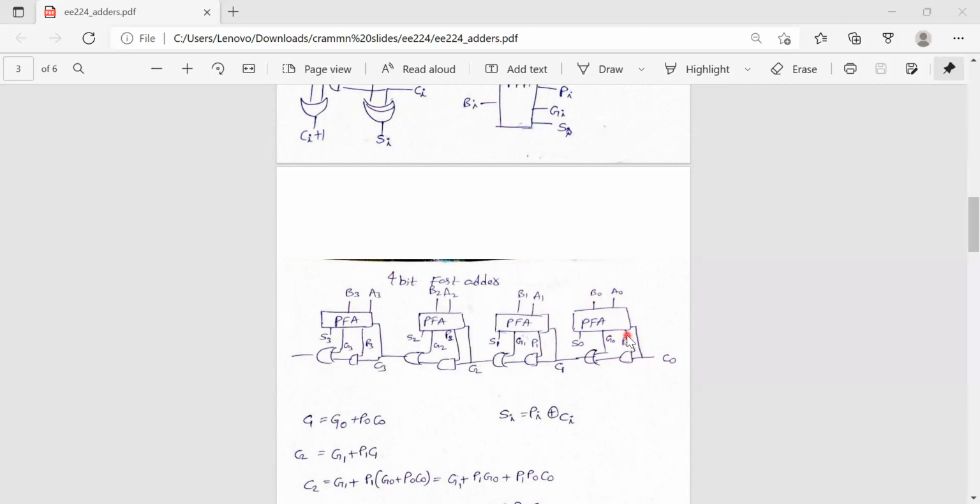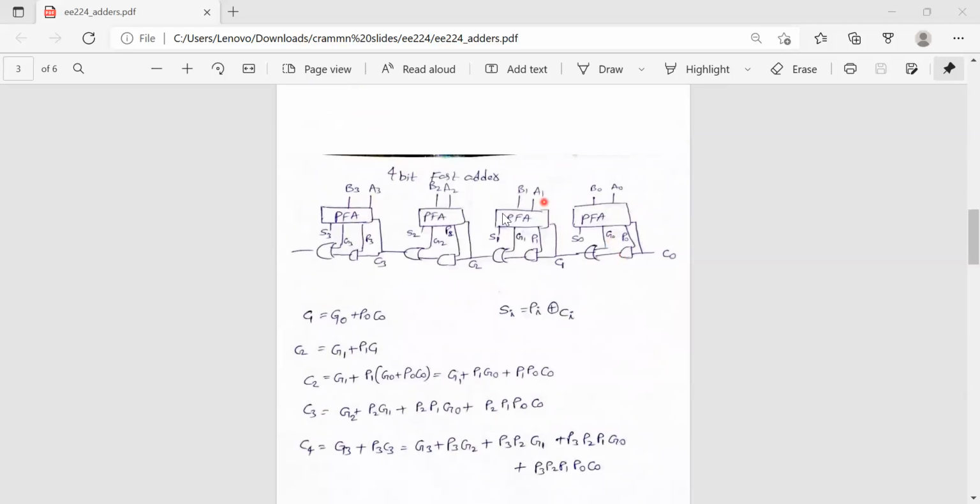We get the outputs P0, G0, and S0. S0 corresponds to the output, and we can give the carry to the next PFA by using the OR and AND operators of G0 and P0.